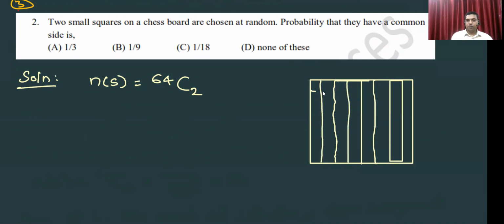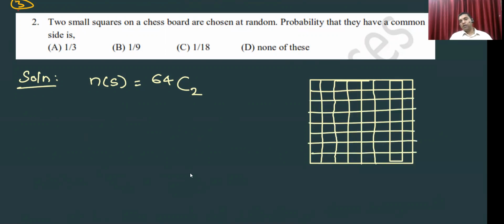If you do it for one side, you will be able to do it for the other side. Now to get squares that are adjacent to each other, how will you do it?